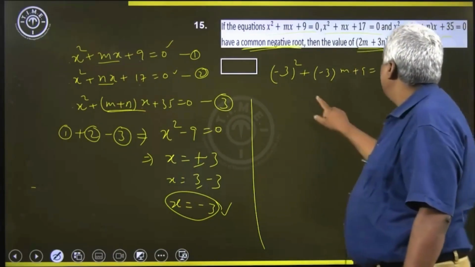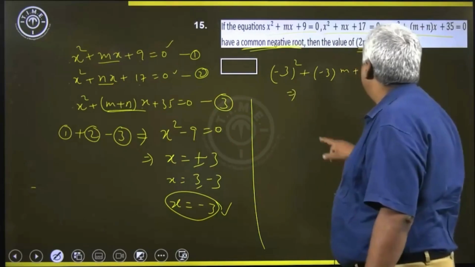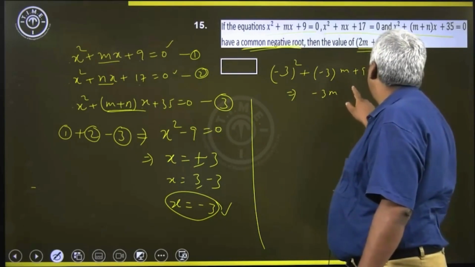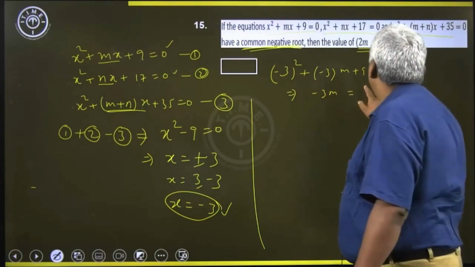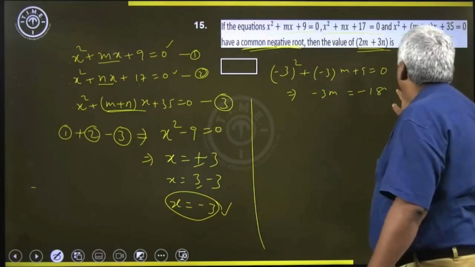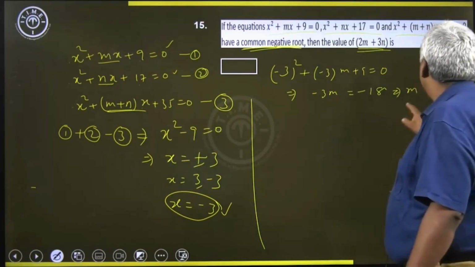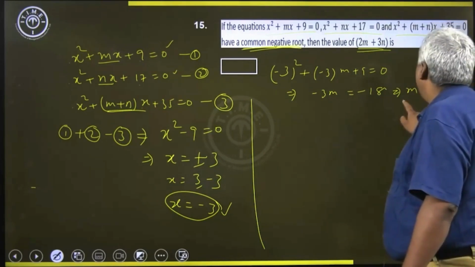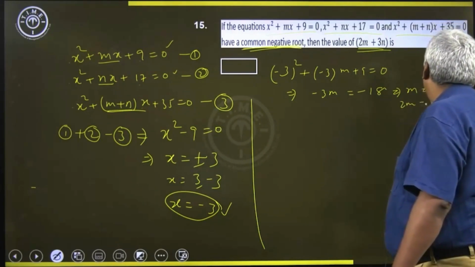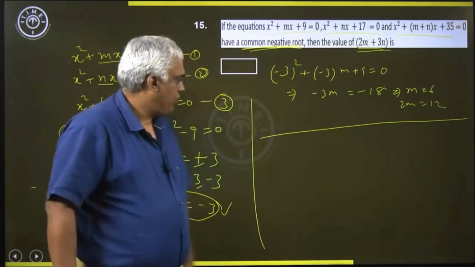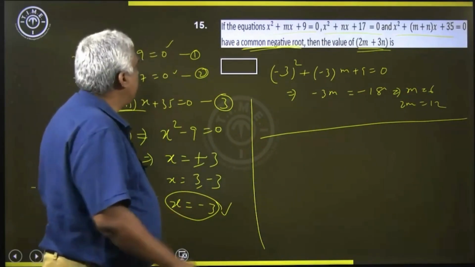So 9 plus 9 is 18, minus 3m equals 0, so 3m is 18. From here I can get m is equal to 6, or 2m is equal to 12, right?